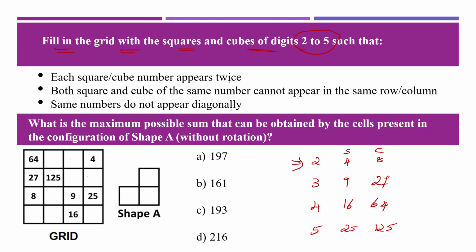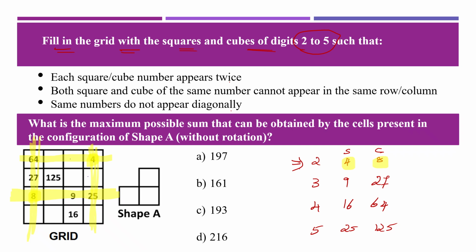As it's mentioned, the same row and column cannot have the squares and cubes of the same number. Here I see 4, which is 2 square. So this row is blocked for 2, this column is blocked for 2, and 8 is here. So this row and column is blocked for squares and cubes of 2.